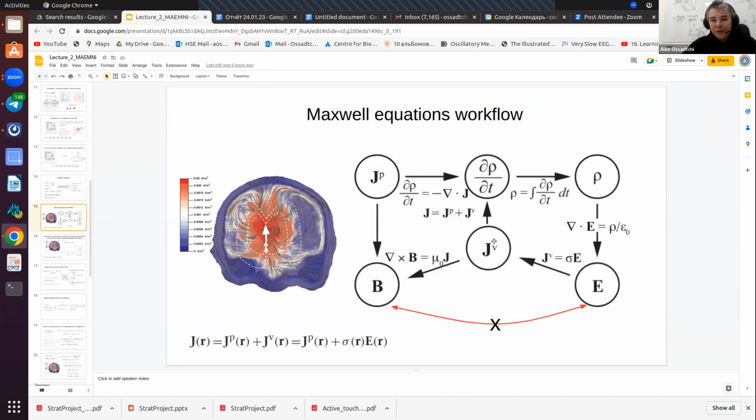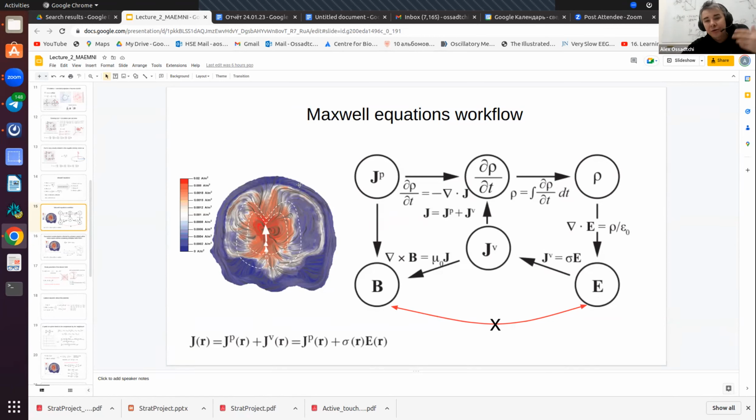And then these currents flowing, both the primary current and these secondary currents, give rise to the magnetic field that we are measuring with MEG, and to the potential differences associated with the presence of E, which we measure outside the skull.